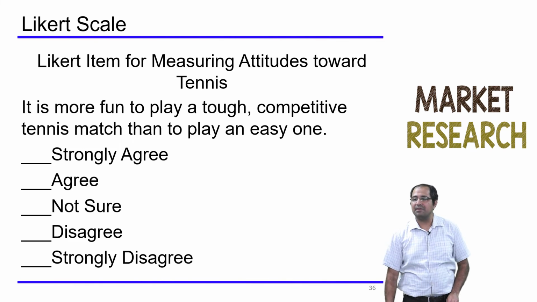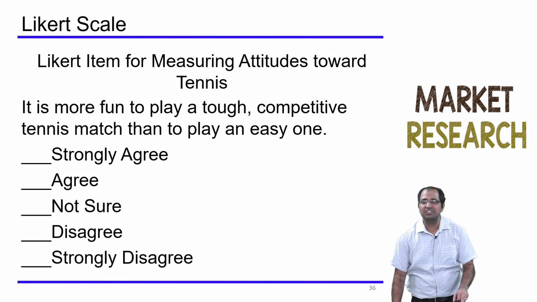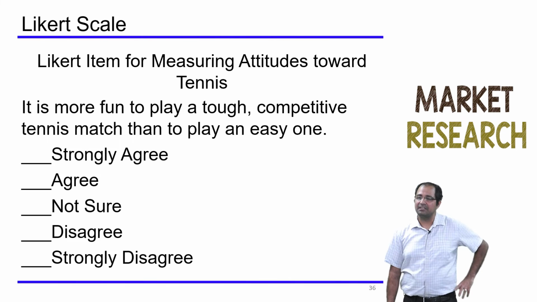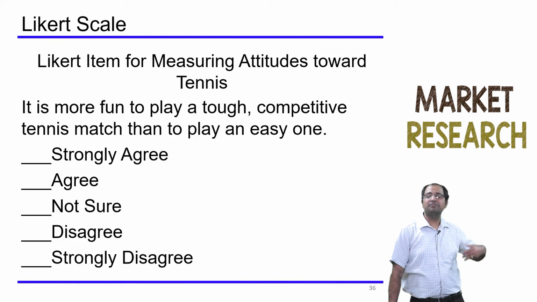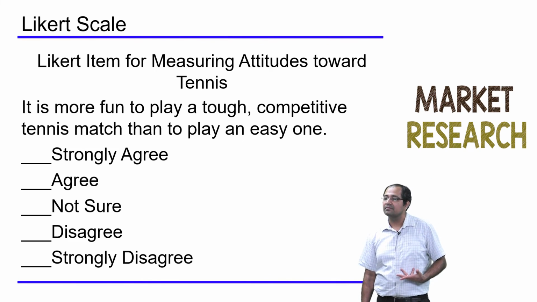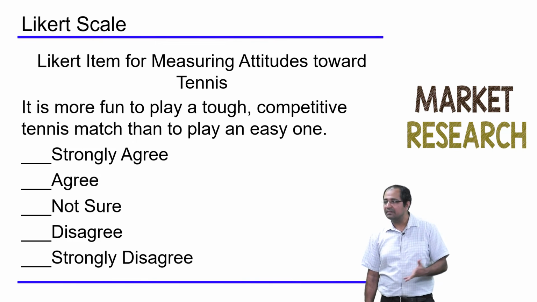Now let's say I am measuring this attitude towards tennis not with only one Likert item, but I add 3, 4 more items. One is this item, then another one is: the time seems to pass very quickly when I play tennis. I feel engrossed when I play tennis.